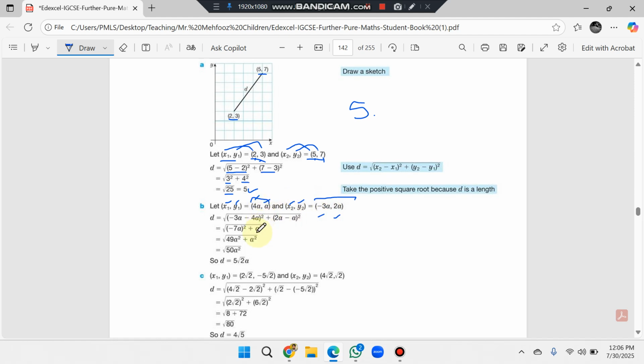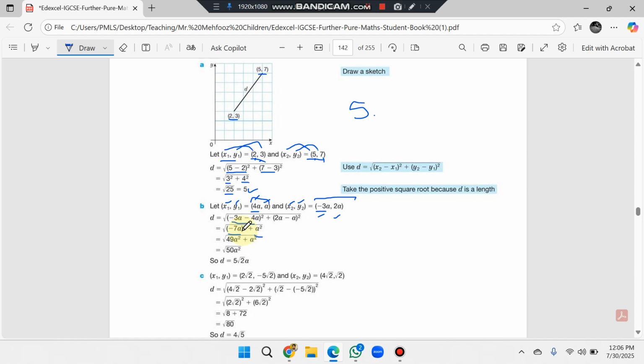Again we use the distance formula, x2 minus x1. So (minus 3a minus 4a) square plus (2a minus a) square.